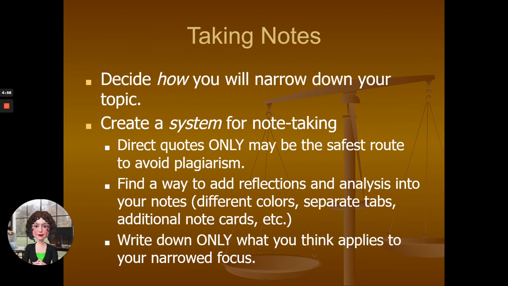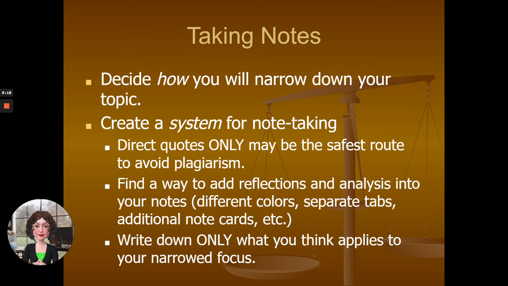Okay, so taking notes. Once you've picked your topic, you want to actually start taking notes on whatever it is you're researching or another book, and write down some ideas. You want to create a system for note taking.